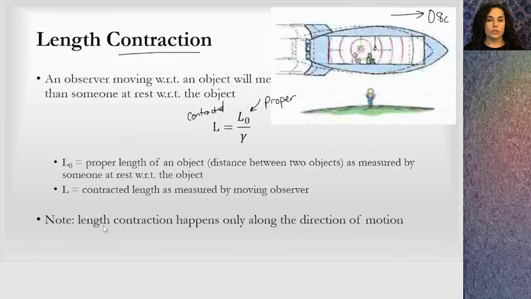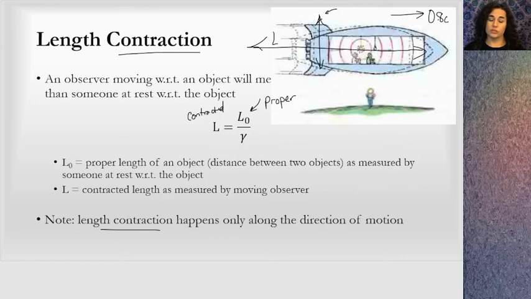And what I'm going to note here, you may see this in problems. I have a problem I like to give about it. Note that length contraction happens only along the direction of motion. So the person will see the ship shorter in this direction, but not in this direction. I do caution you to be very careful.